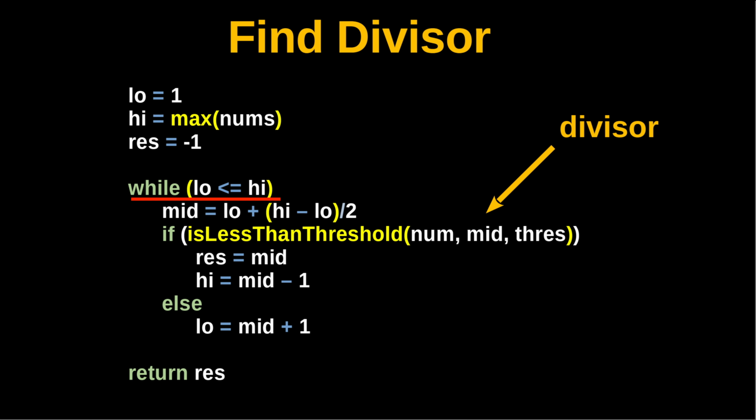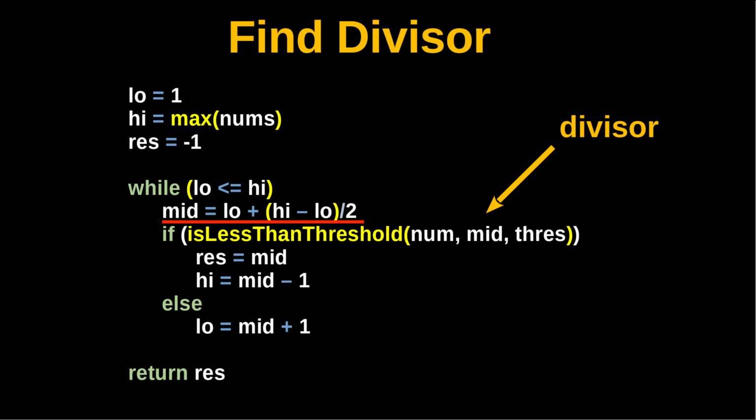So while low is less than or equal to high, we find the mid. The mid value is computed by low plus (high minus low) over 2. Another way to compute the mid value is just to do (high plus low) over 2. The reason why I didn't do the latter is that the former is a better way to prevent integer overflow.